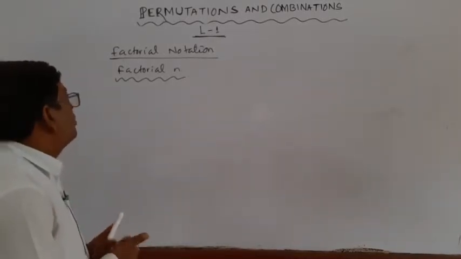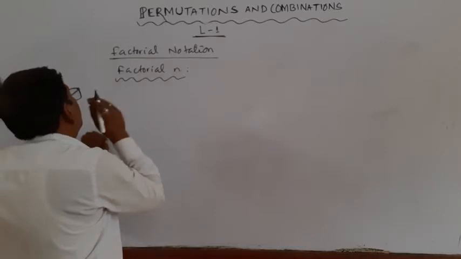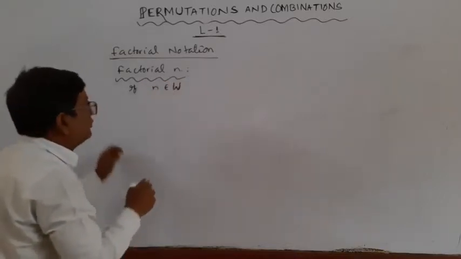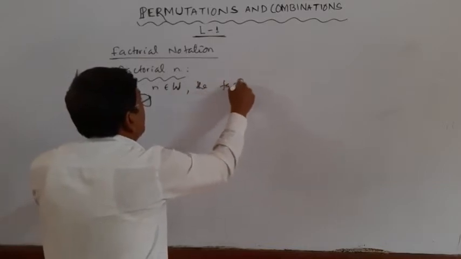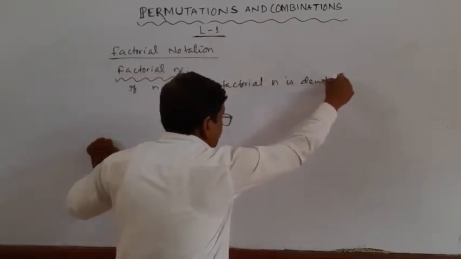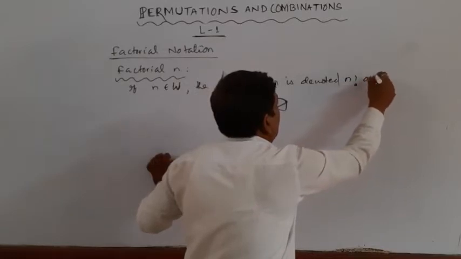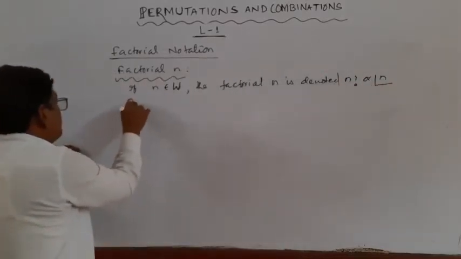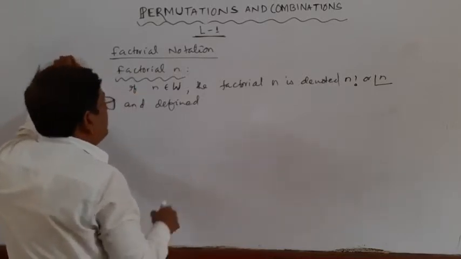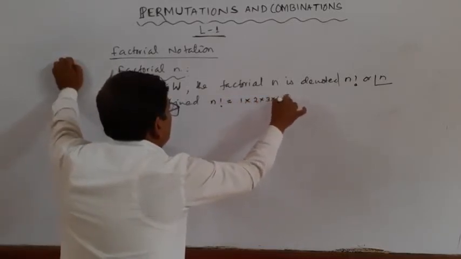If n belongs to W, the set of whole numbers, then n factorial is denoted by this symbol, and defined as the product of the first n natural numbers. n factorial is equal to 1 into 2 into 3 into 4 up to n.